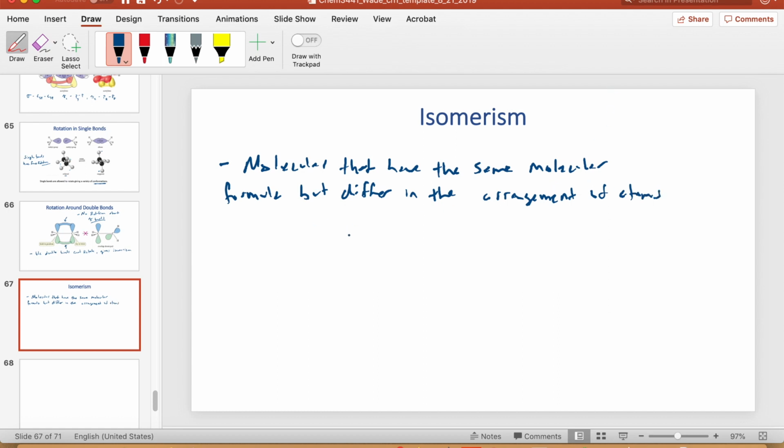And we have really two types that we can deal with. We have constitutional isomers. These are also what you can think of as structural isomers. These guys differ in their bonding sequence, so their connectivity.